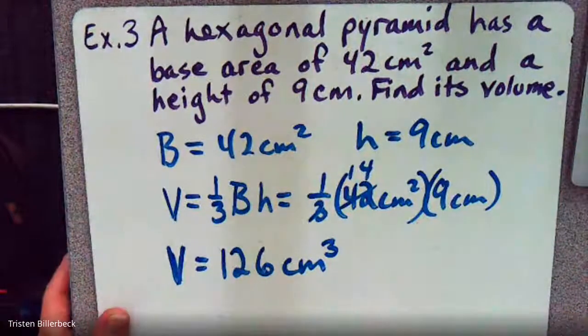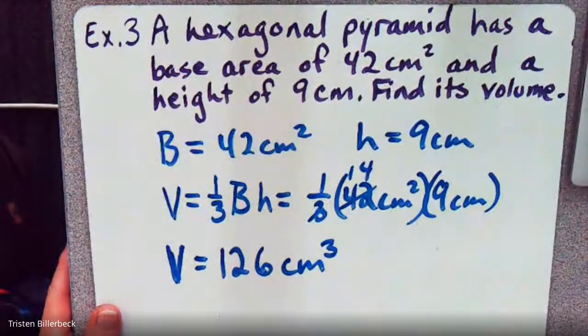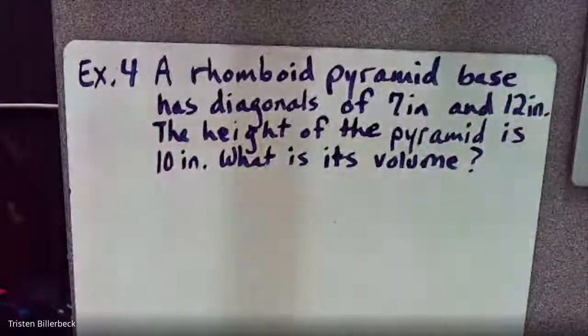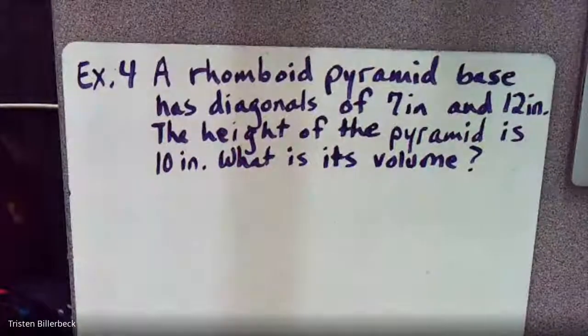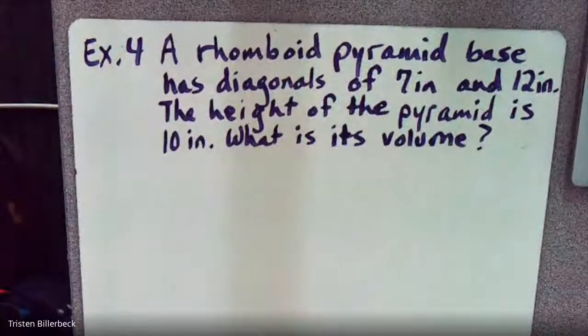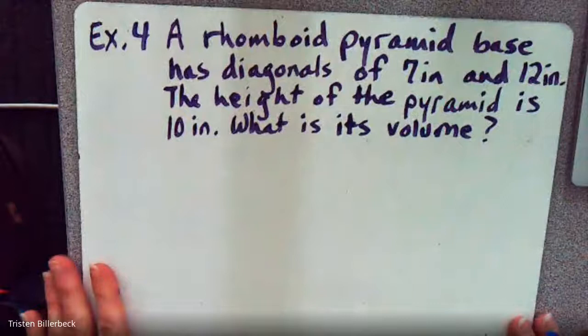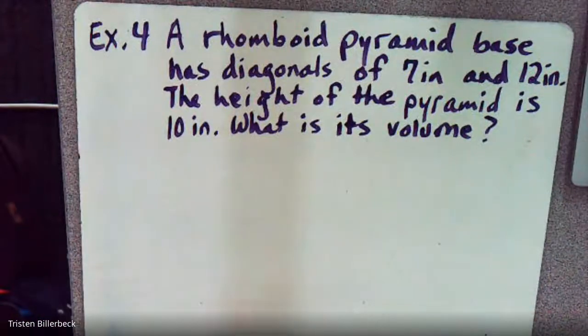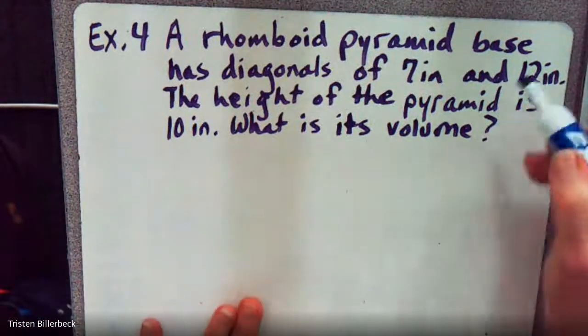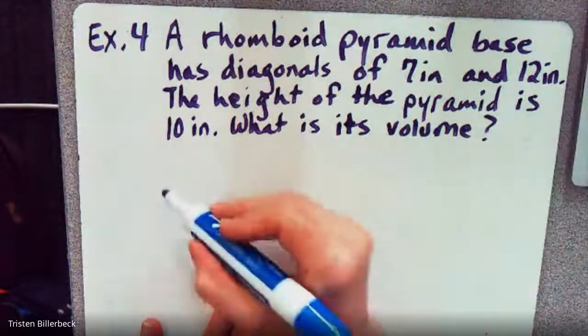All right, let's look at another one. A rhomboid pyramid has a base with diagonals of 7 inches and 12 inches.